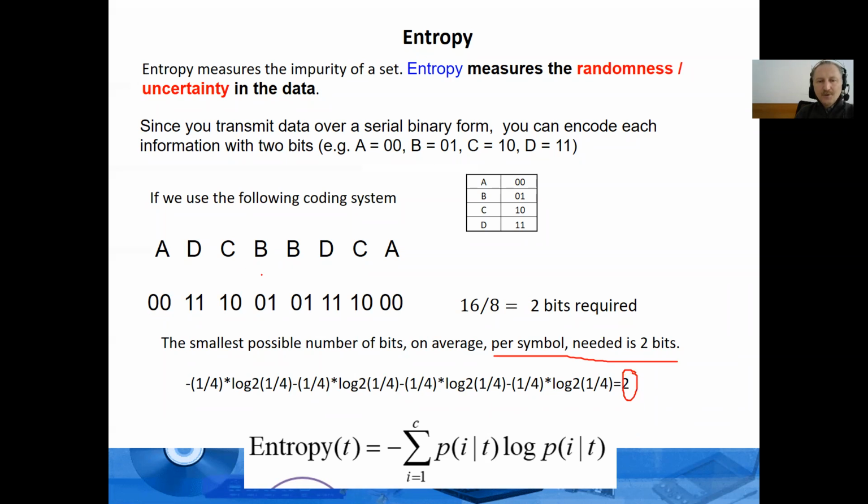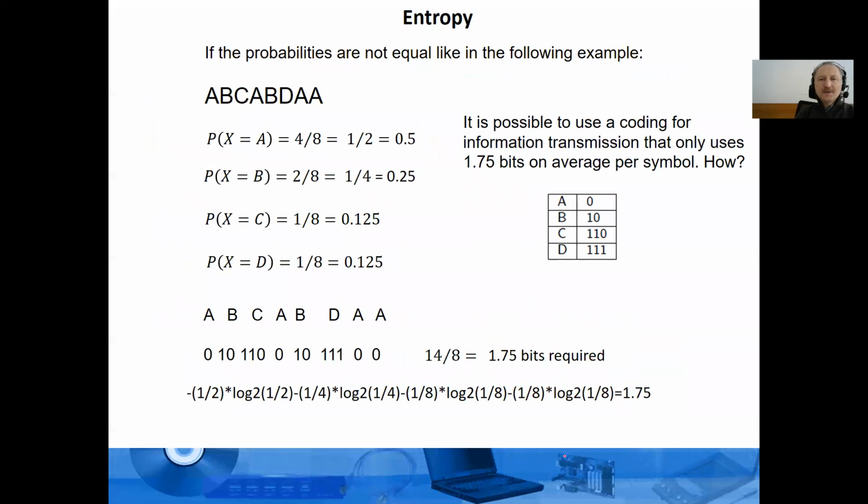Yes, we can solve this one by hand, but if you have different letters, symbols, or a different number, it is better to use this formula to find how many bits. But in this question, if you use this system 0, 0, 0, 1, 1, 0, 1, 1, you need 2 bits.